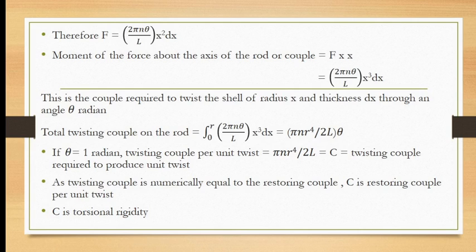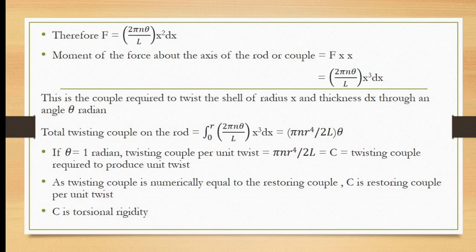So we had considered only a single shell of the cylinder, isn't it? We have to calculate the total couple of the cylinder. So how will we calculate the total twisting couple? By integrating this expression. From where to where will we integrate? See, the variable is dx here. Dx means the thickness, or we can say it is the distance to the shell, or the radius of the shell, isn't it?